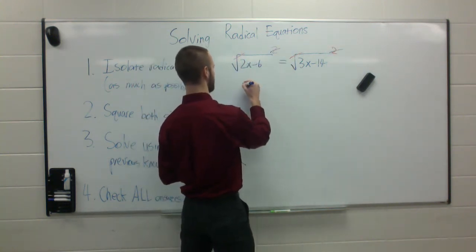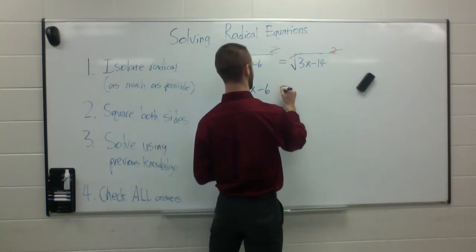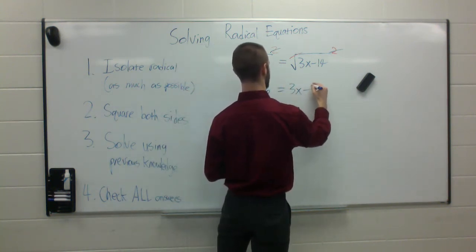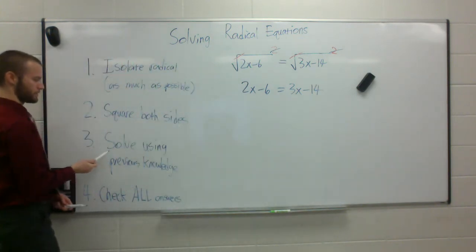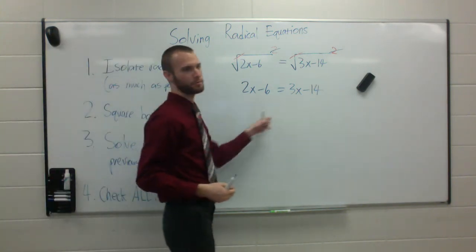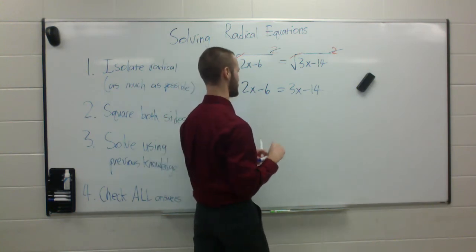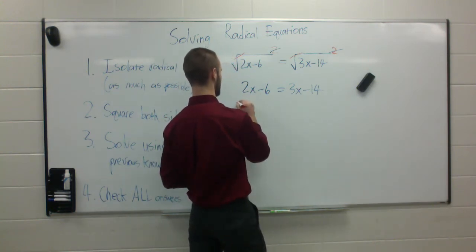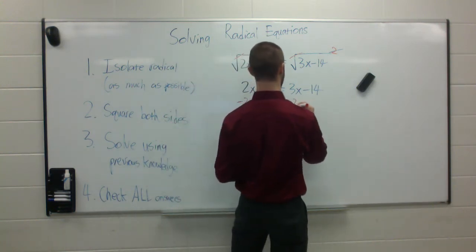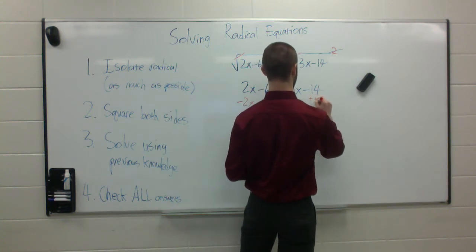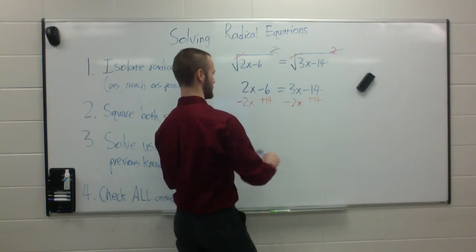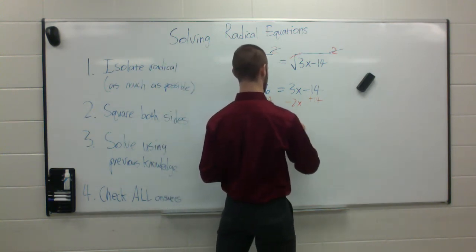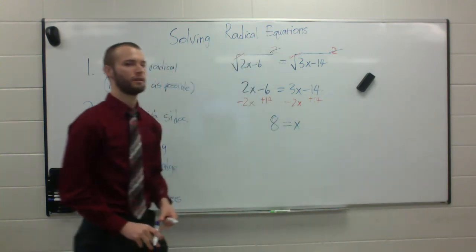So I have 2x minus 6 equals 3x minus 14. At this point, solve using previous knowledge. We know how to solve this. You've been doing that for 5 years now or something. So I think the easiest way to do this, subtract 2x from both sides and add 14 to both sides. And we'll get 8 equals x.